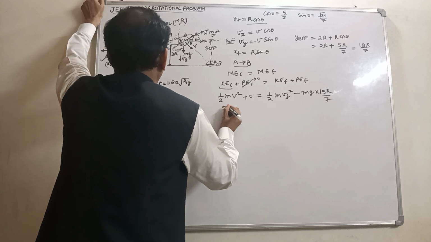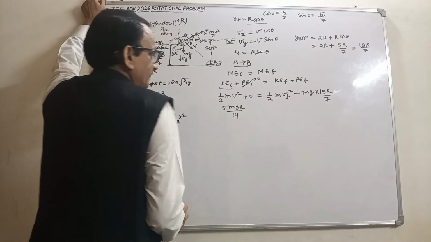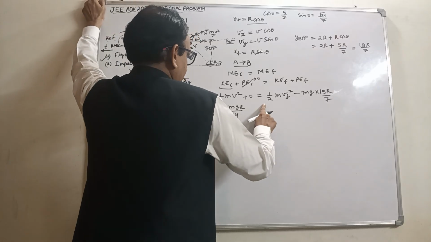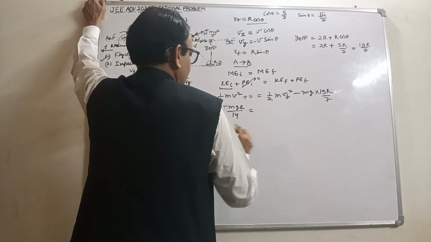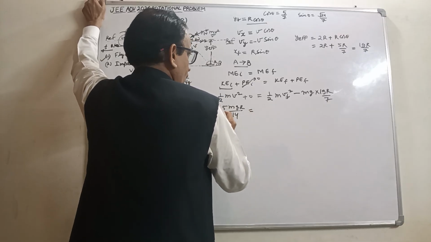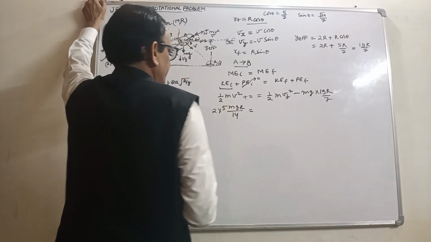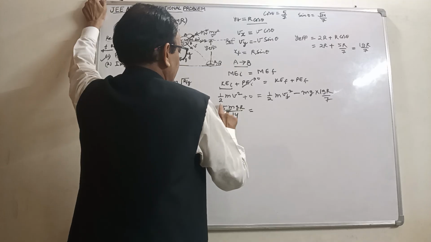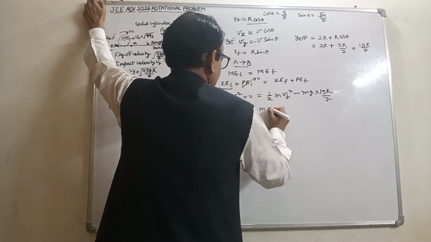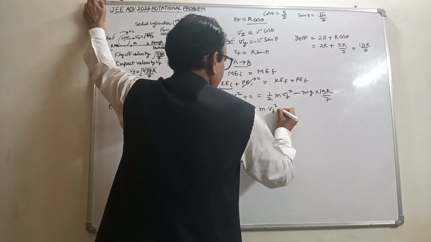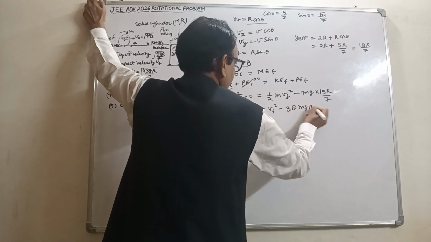So this will be 5 mgR by 14. This becomes 14, and this becomes half, so half multiplied by 2. This becomes m vf square minus 38 mgr by 7.